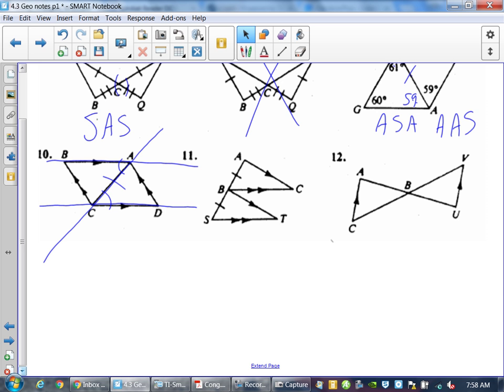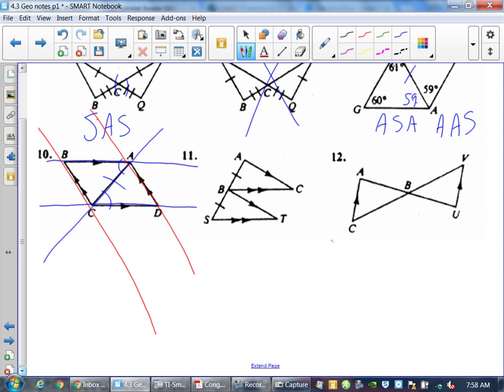And then turn your head sideways, and you have parallel lines again. And you get another set of alternate interior angles. And you get then what? Side. I only have one side, my friend. Angle, side, angle. Very good. We got angle, side, angle in this case.